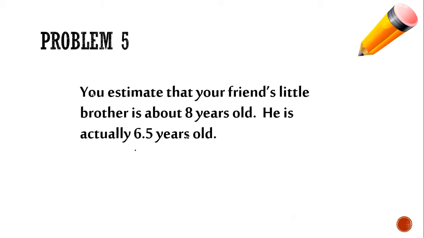So what we need to do is we need to take our measured or our estimated, which we said was 8. See, an estimate was 8. And I'm going to subtract the actual. So he's actually 6.5 years old. And I'm going to put that in absolute value, remember. And then I'm going to divide by the actual amount. So 6.5.